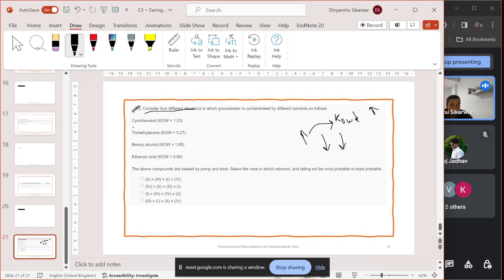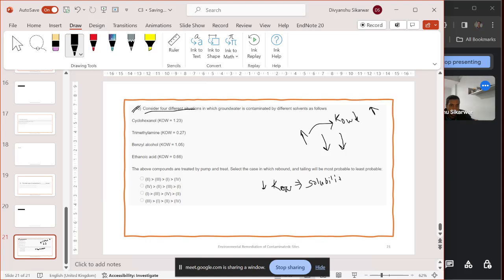If the KOW value is low, it implies solubility is high. High solubility implies low tailing.